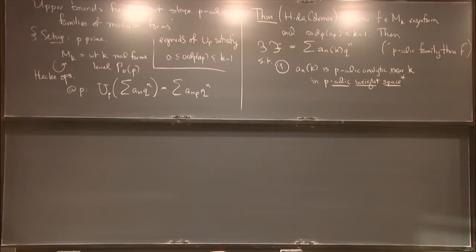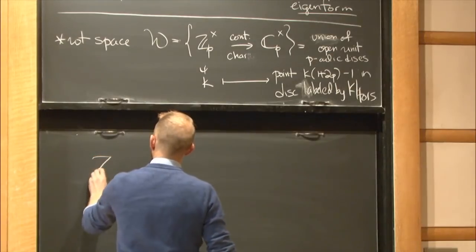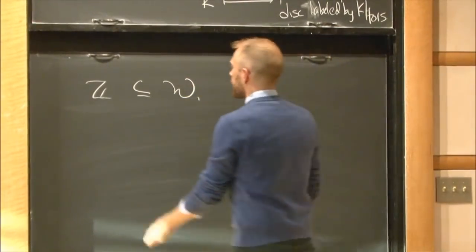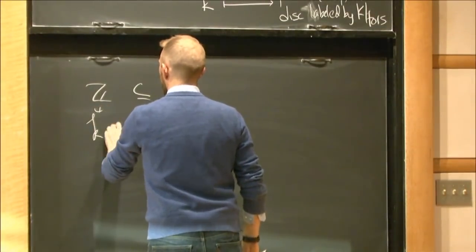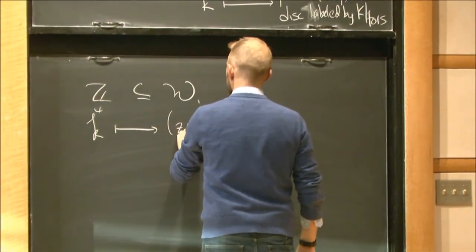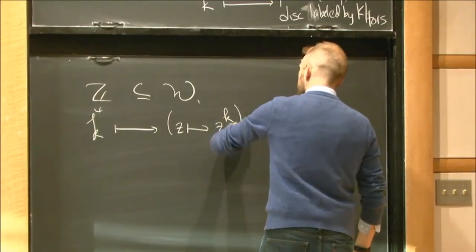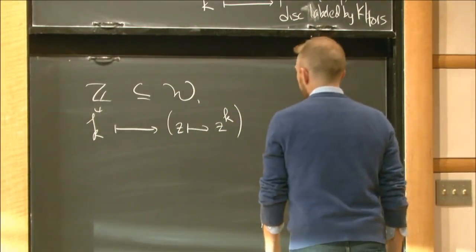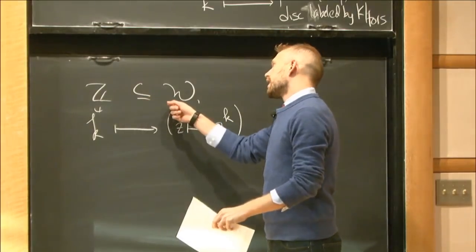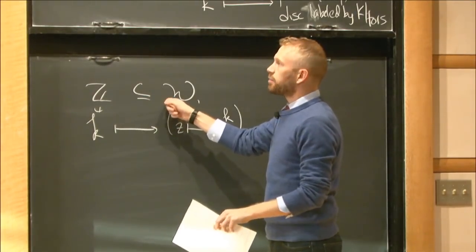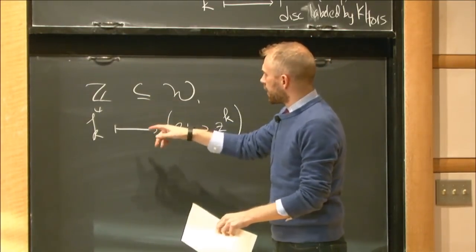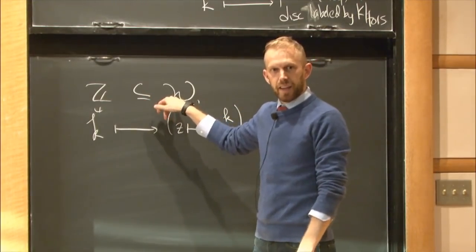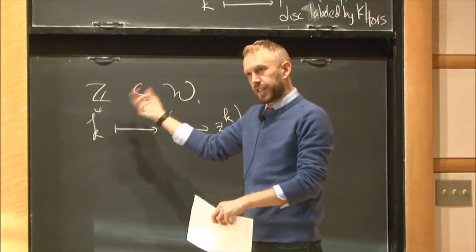Maybe I will say over here, inside the weight space, you have the integers by taking a weight k and sending it to the character z goes to z to the k. Okay? And this embedding is very nice because the integers then get a topology by living inside this open unit disk, and they also have a p-adic topology, and the topology is the same.